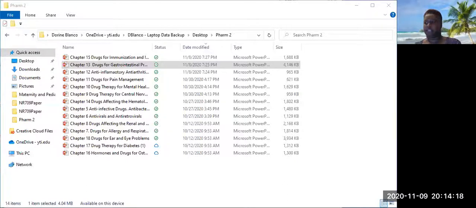So let's look at the antiemetic drugs. You have nausea and vomiting, which are common GI problems that can occur as a result of an infection, of having anesthesia given to you, or of being exposed to some type of chemotherapy, for example, for cancer.